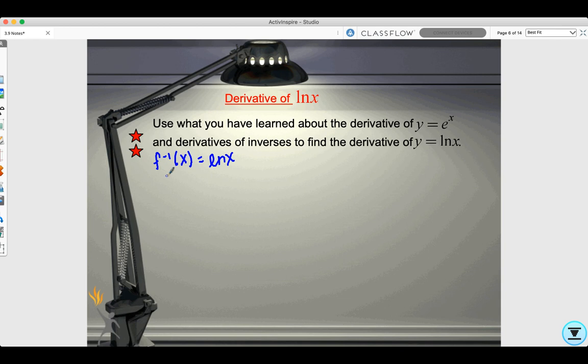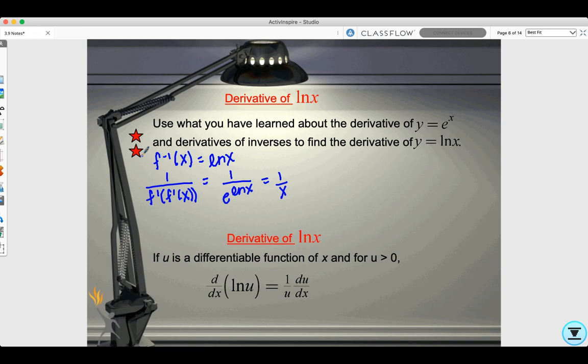Therefore, I use my formula for the derivative of the inverse, 1 over f prime of f inverse of x. And that would be the same thing as 1 over e to the natural log of x when I go through and do all that. And that equals 1 over x.